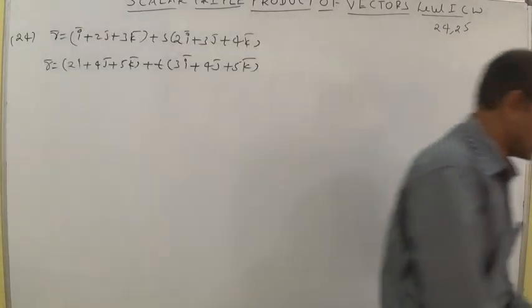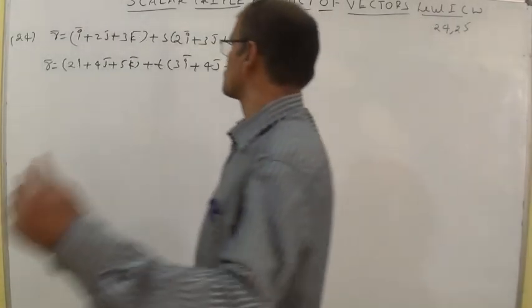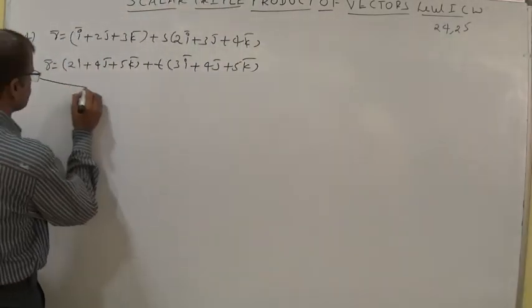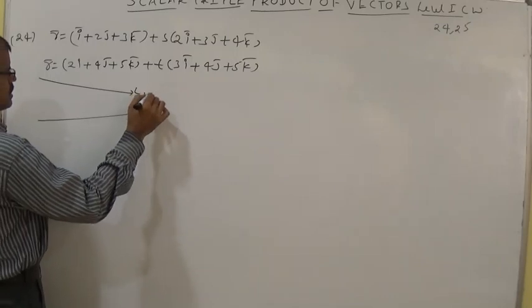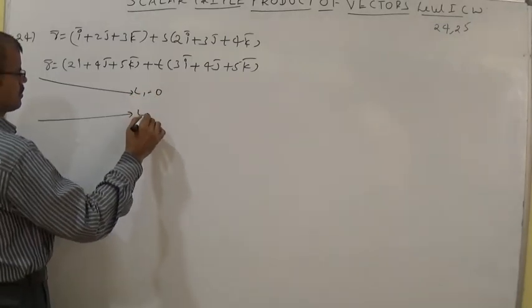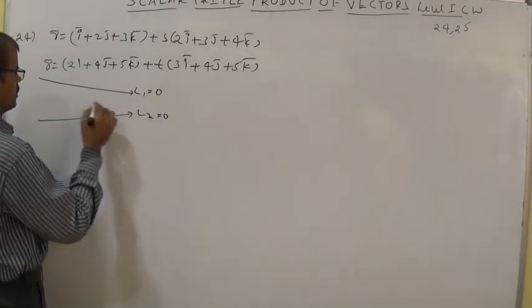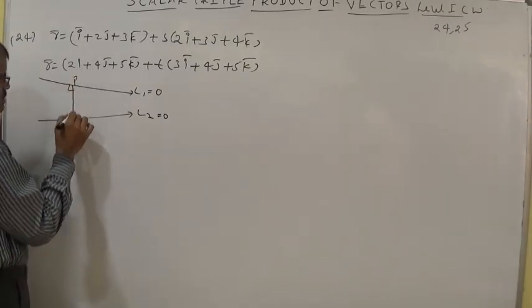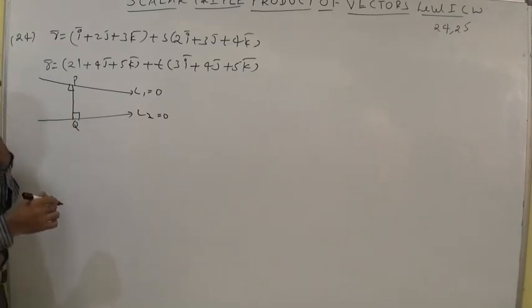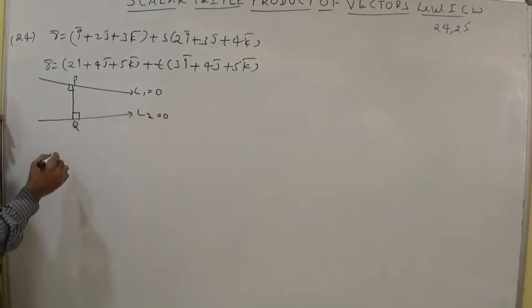We should calculate the distance between 2 skew lines. Yesterday we discussed the skew lines. This is the equation L1 equal to 0 and this is the equation L2 equal to 0. We should calculate the shortest distance, the perpendicular distance PQ between 2 skew lines.